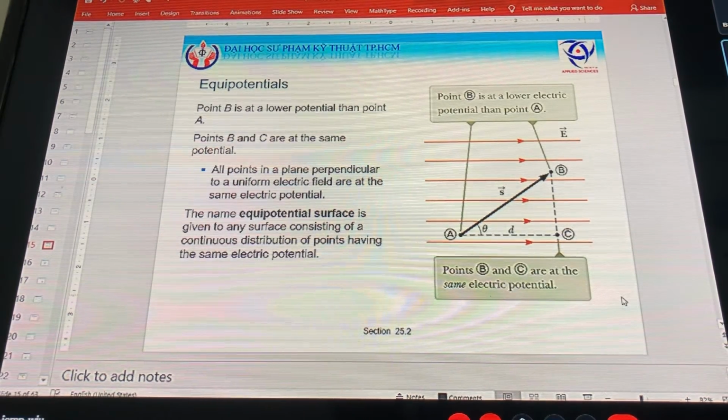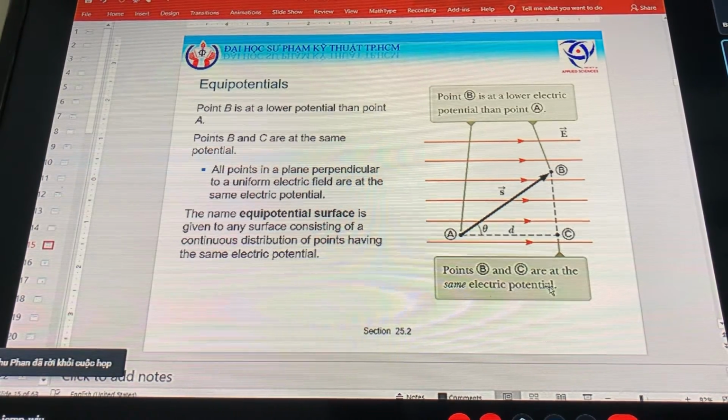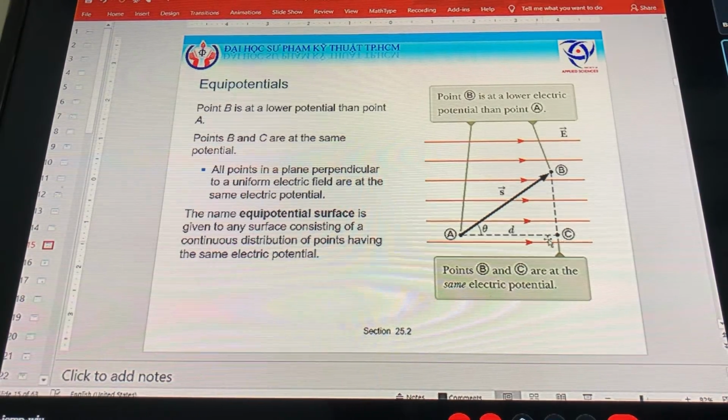In some cases, for example, in the uniform electric field here, you can find some points, in this case, C and B. The potential at C and B will have the same value. In this case, we call B and C are on an equipotential surface.